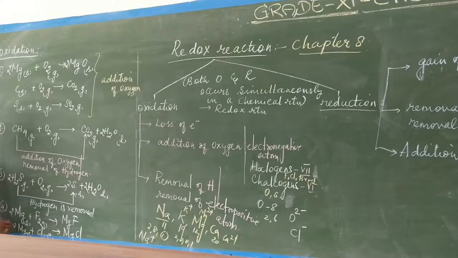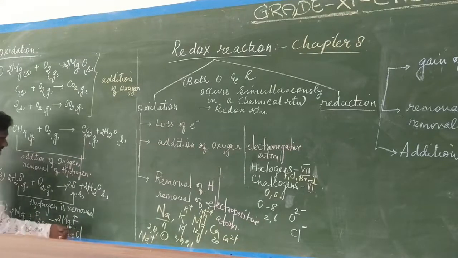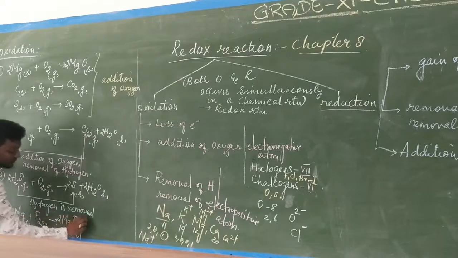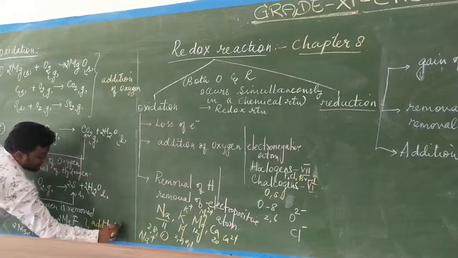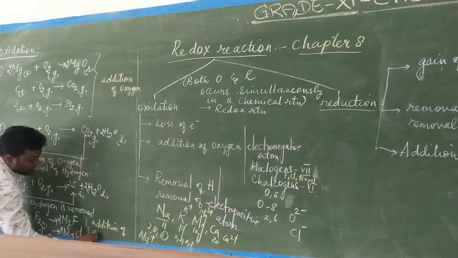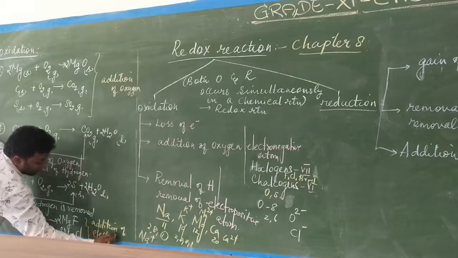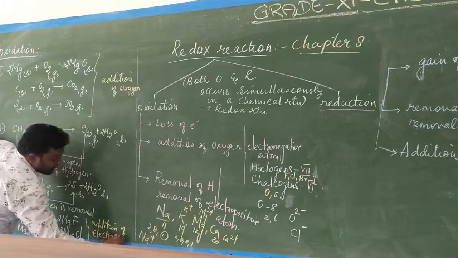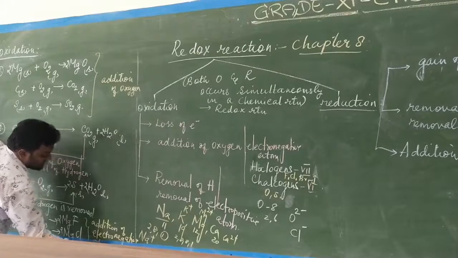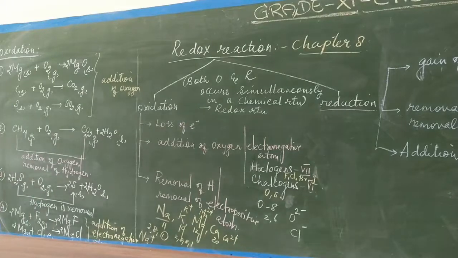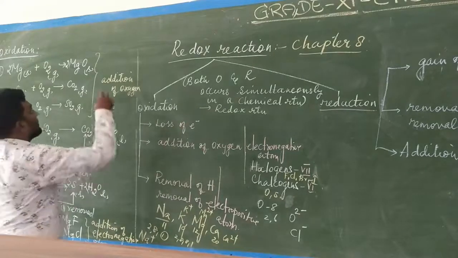So two times, here also two, here also two, isn't it? So magnesium fluoride and magnesium chloride have got formed. So what is the condition here? Here the addition of electronegative atom has taken place.